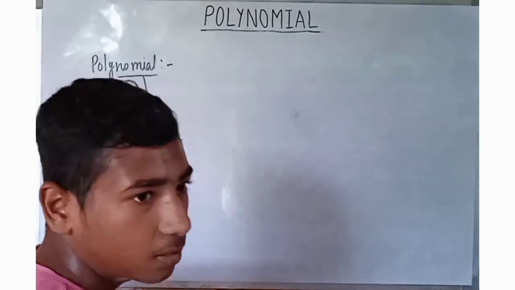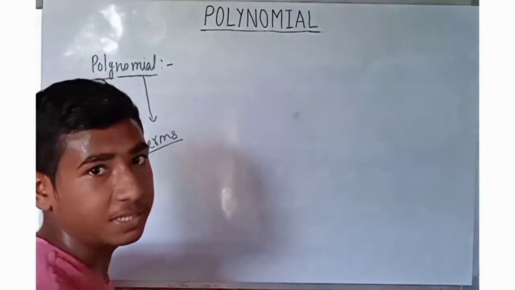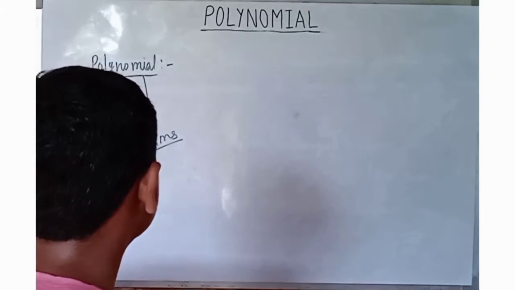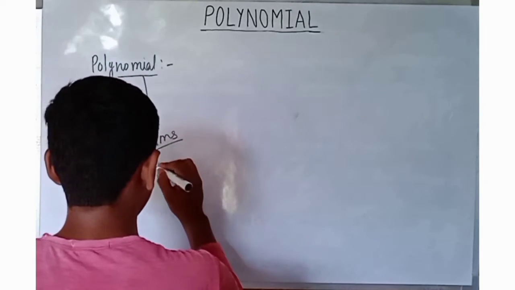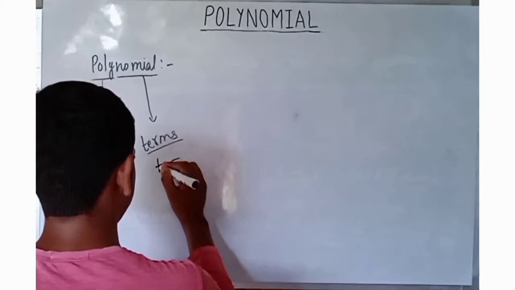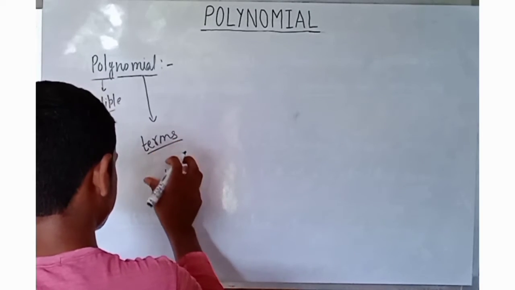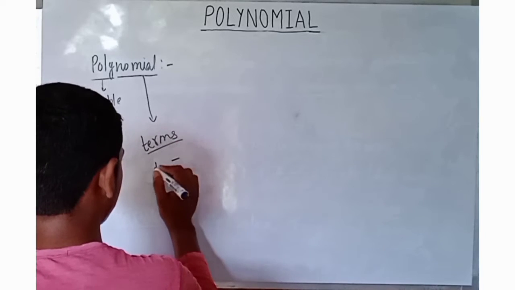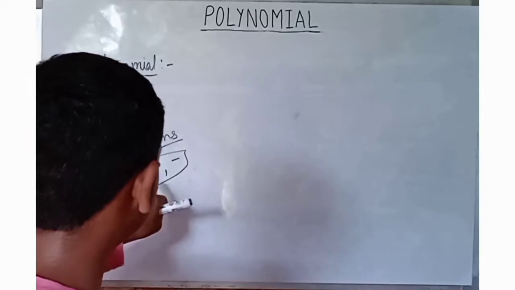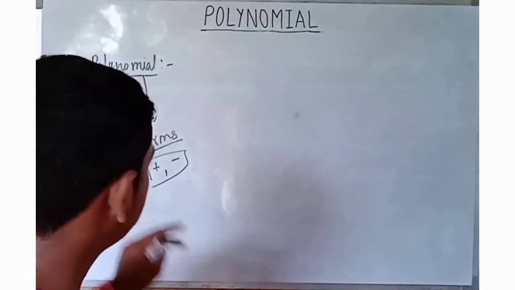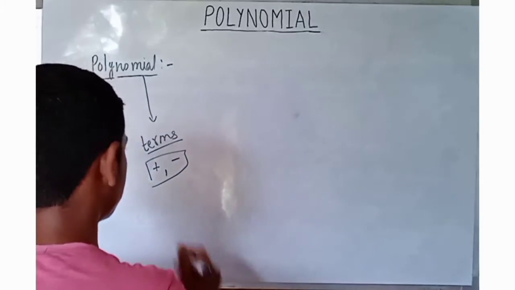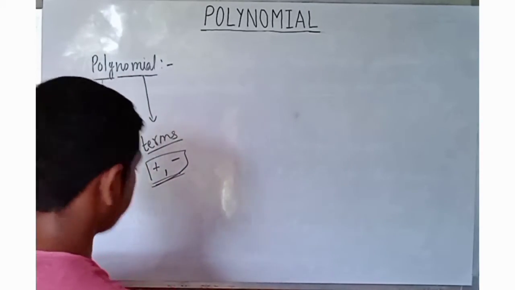They are joined with some basic arithmetic signs, for example plus and minus. To identify how many terms there are in any expression, note that terms are connected with plus and minus signs, not multiplication and division signs.